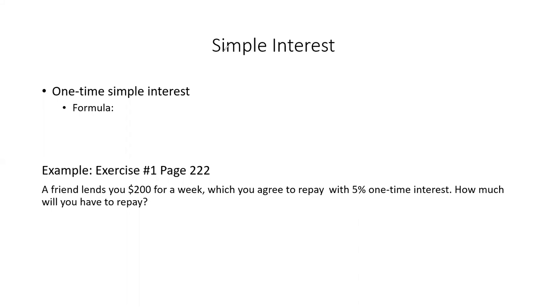Simple interest can happen a couple different ways. So it could be a time where we are borrowing money, and then we're going to have to pay a one-time percentage fee to borrow that money. So in that case, it's going to be one-time simple interest, and we're going to see that denoted capital I, or interest, is equal to the principal times the rate.